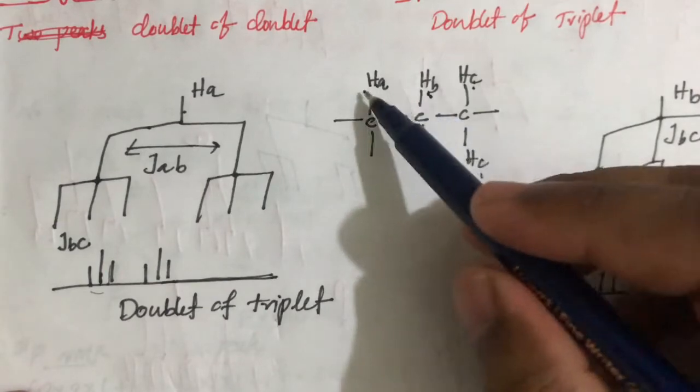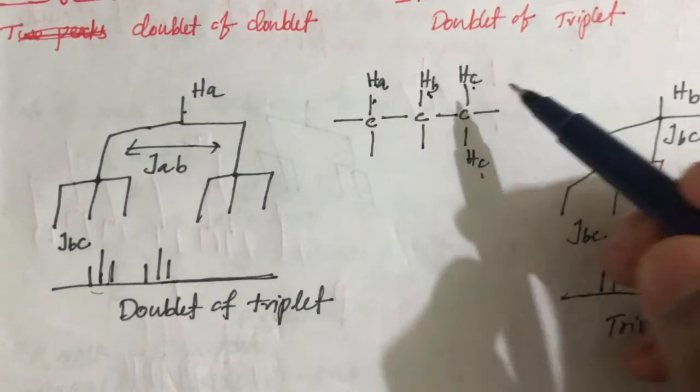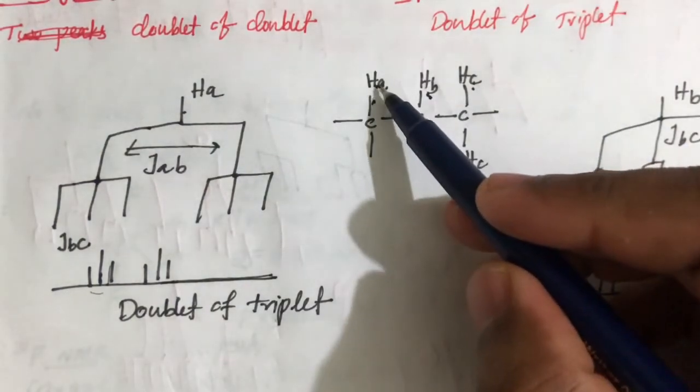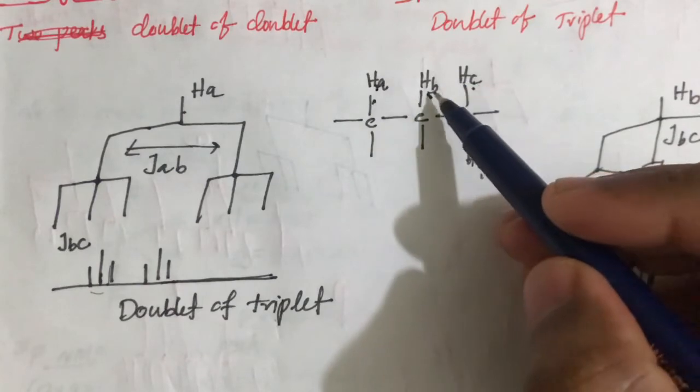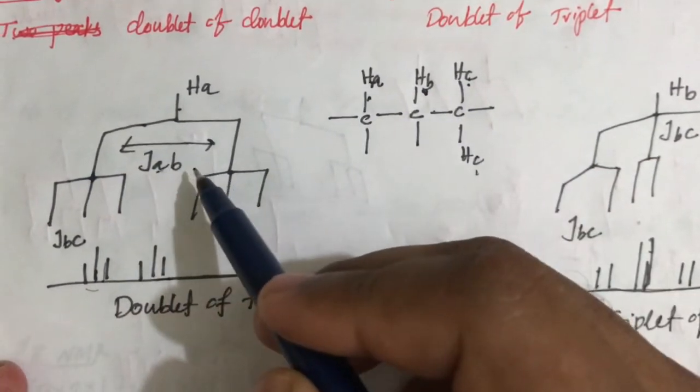Okay, so we know that as bond distance increases, coupling decreases. So clearly first HA is coupled with HB, that is JAB.